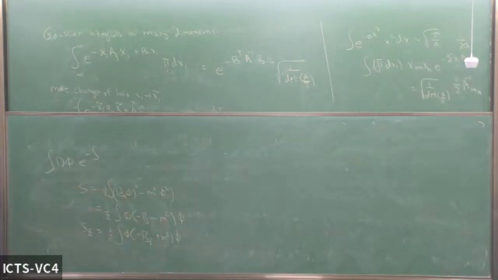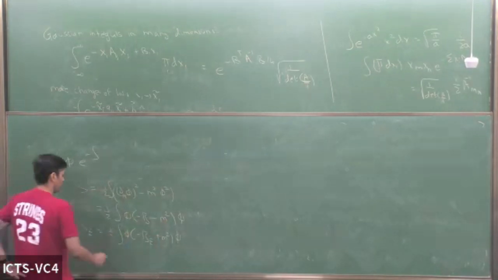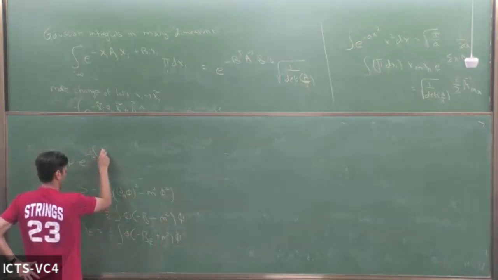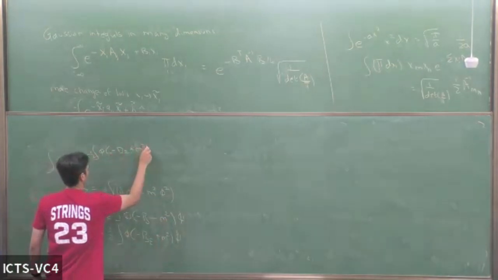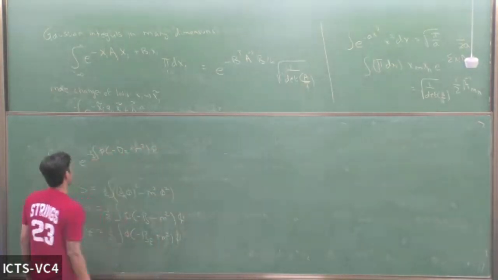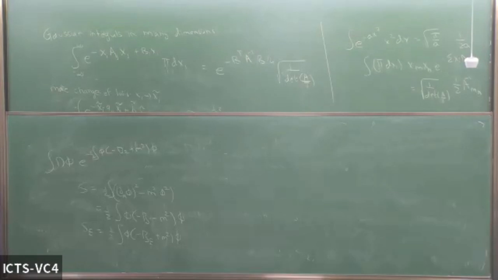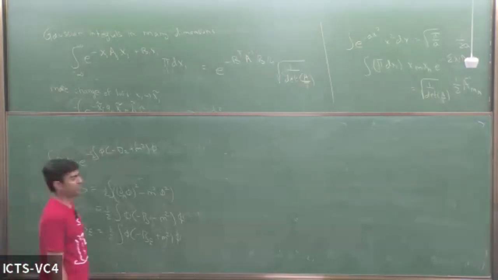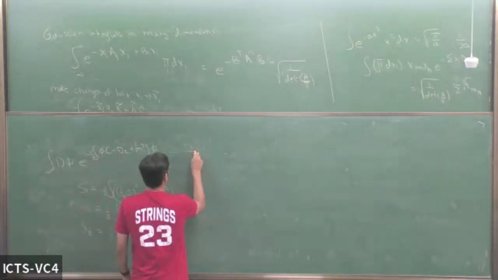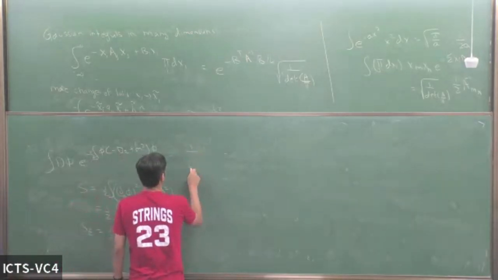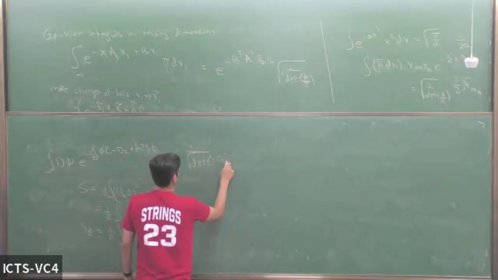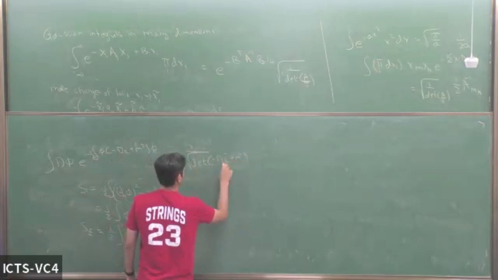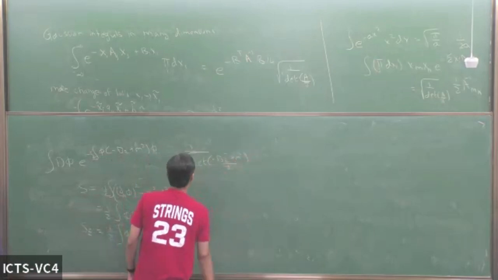Say we now want to compute the integral with minus half times phi of minus box E plus m squared phi. So what would this be? Using the formula that we have, we would just write this as 1 by square root of the determinant of minus box E plus m squared by pi.